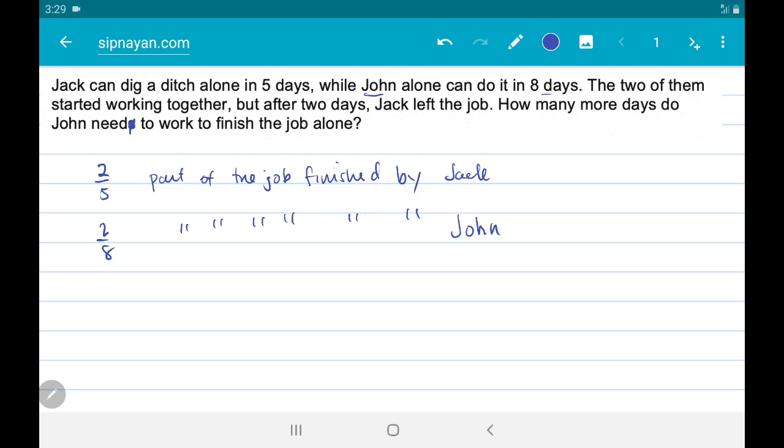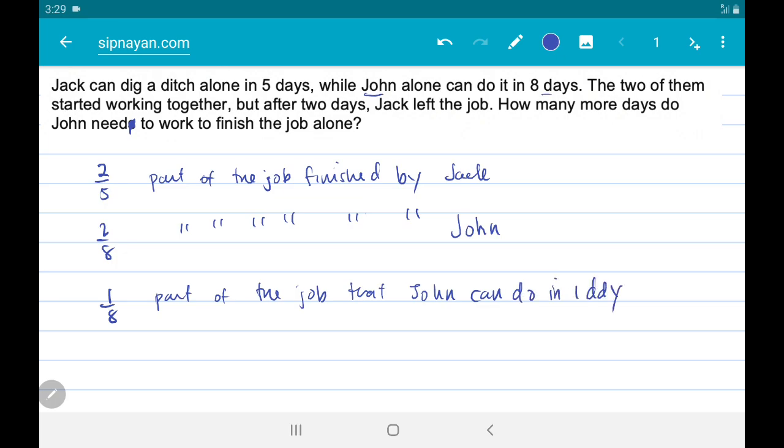Tapos nung natapos na silang dalawa, meron pang tatapusin si John. So ang rate ni John ay 1/8 sa isang araw, this is the part of the job finished that John can do in 1 day.